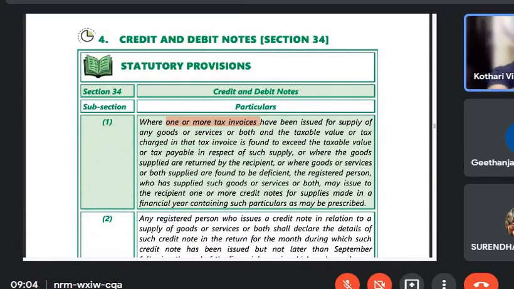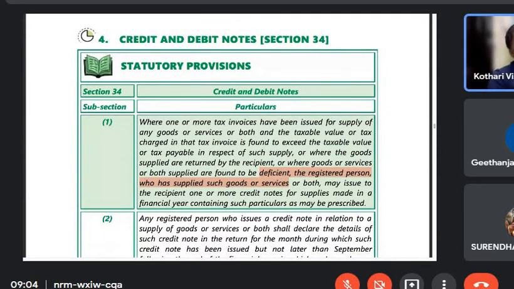When already one or more tax invoices have been issued for supply of goods or services or both, and the taxable value or the tax charged in the tax invoice is found to exceed the taxable value or tax payable in respect of such supply, or where the goods are returned by the recipient, or where the goods or services supplied are found to be deficient, the registered person who has supplied such goods or services or both may issue to the recipient one or more credit notes for the supplies in respect of a financial year containing such particulars as may be prescribed.